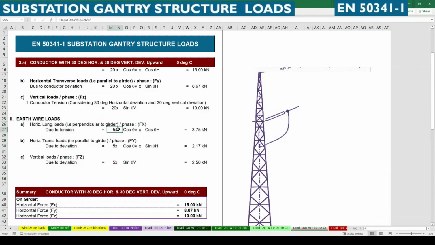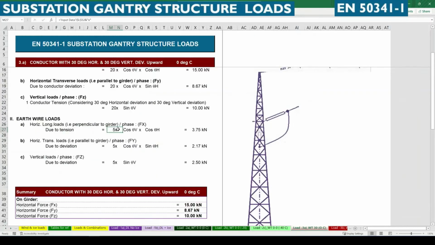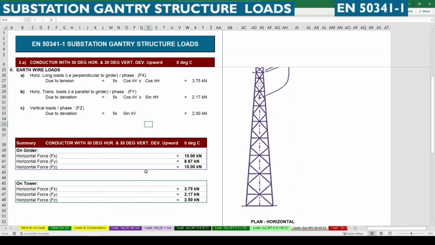5 kilonewton is the electromechanical input for wire tension at 0 degree Celsius. Multiplying with cos theta V and cos theta H, we get 3.75. The same multiplied with cos theta V and sin theta H gives 2.17. F into sin theta V is the vertical force for the tower.